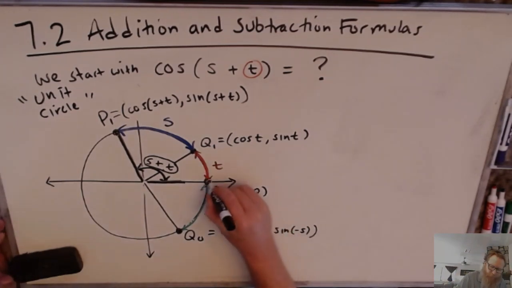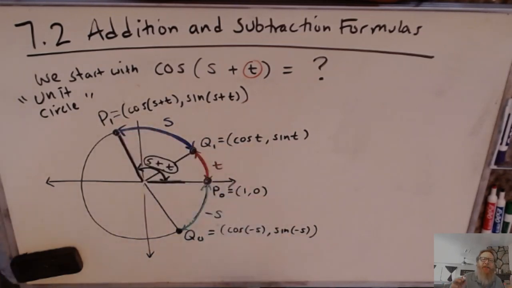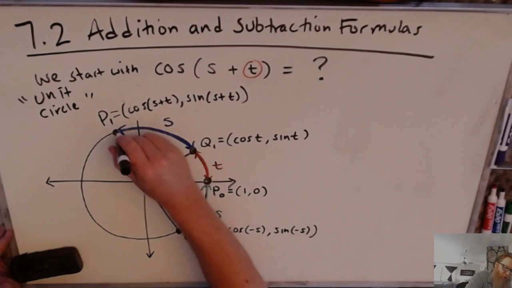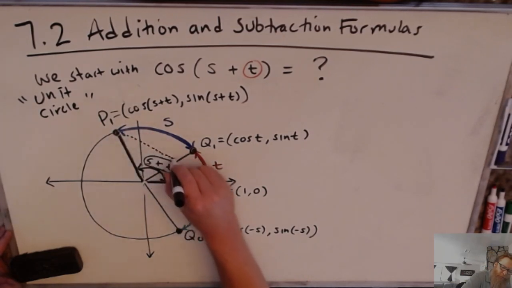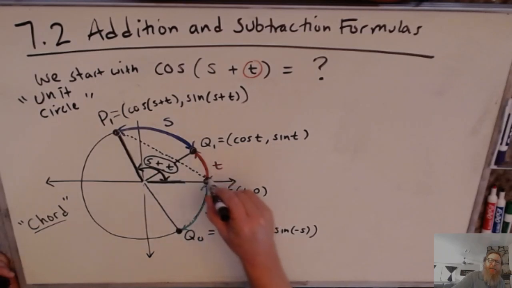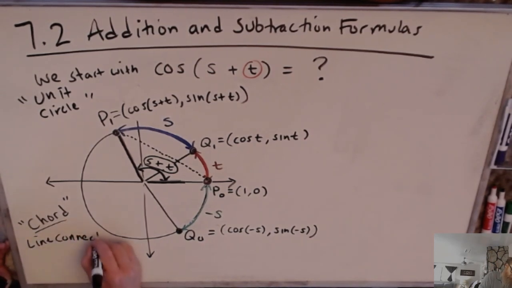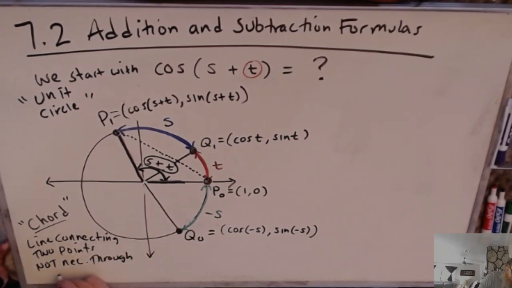Okay. So here's a word that we don't use very much in trigonometry, but it is an essential word. It's called a chord. A chord is a line that connects 2 points, not necessarily through the origin.